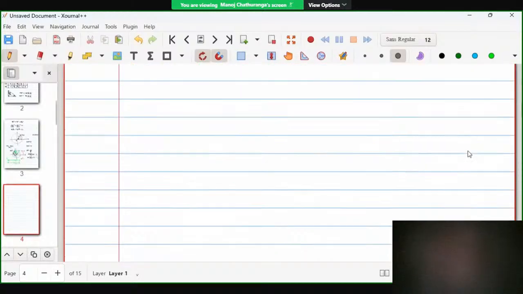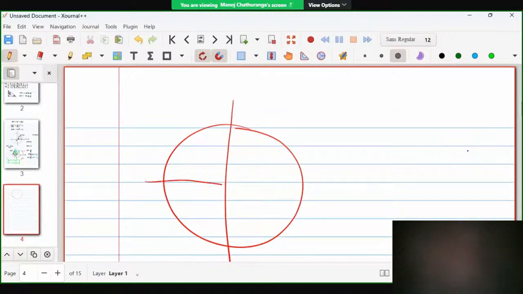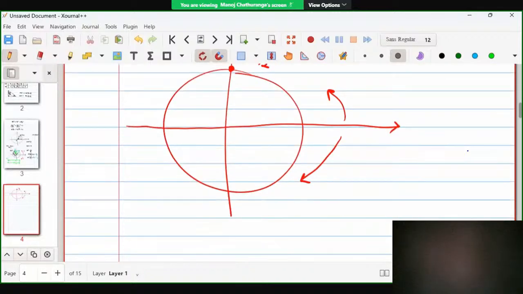So because of that, for the same angle, we can have different names. Imagine this point over here. We know that point has 90 degrees if you go in this direction. If we go in the negative direction, this is minus 3 pi by 2.